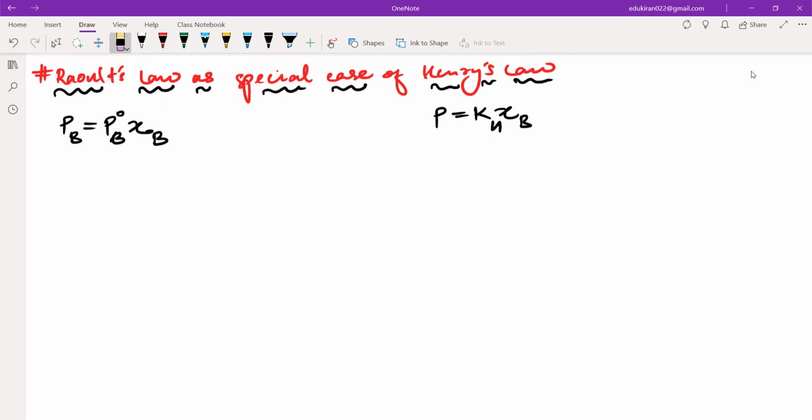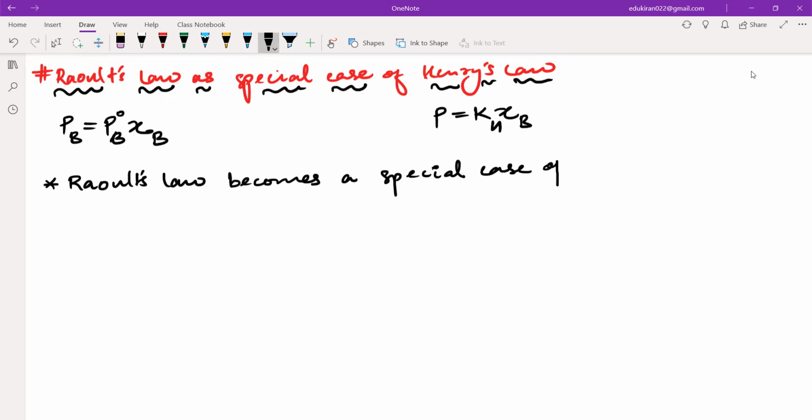Now you will write here. Please write with me. Raoult's law becomes a special case of Henry's law in which, now here what is happening?